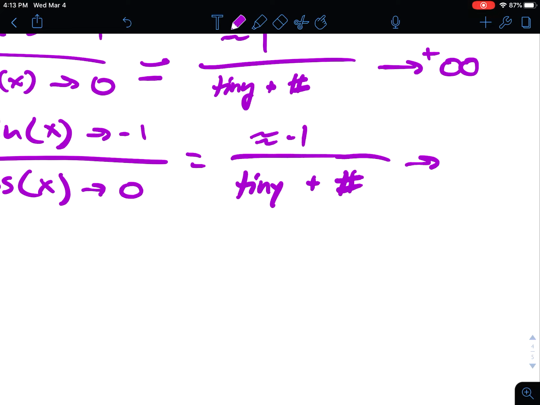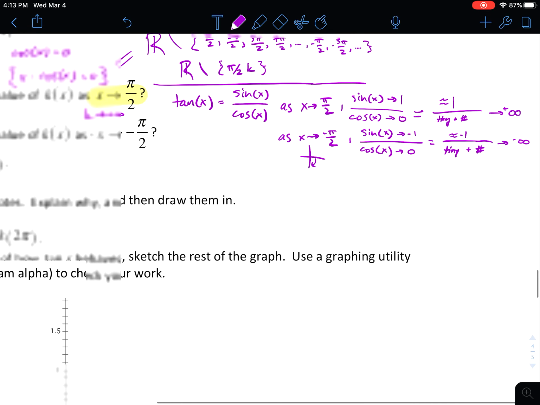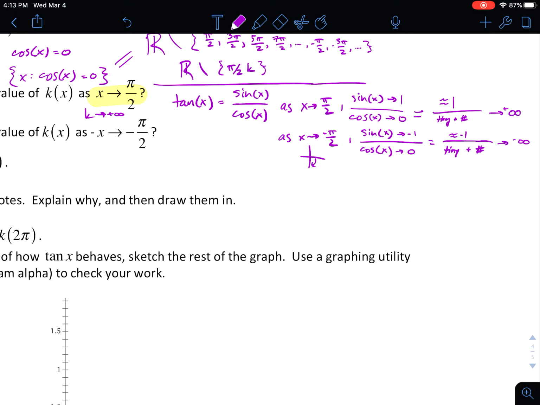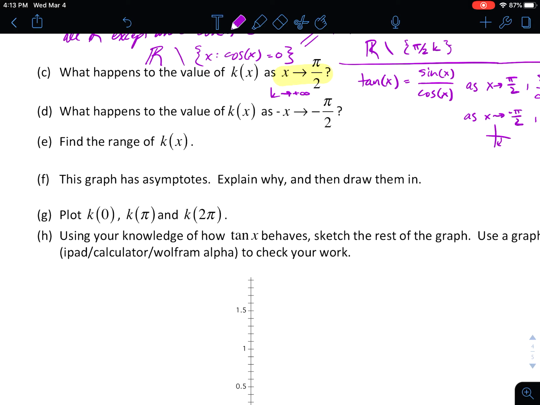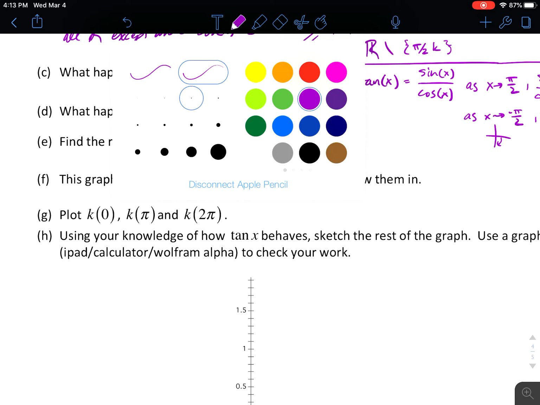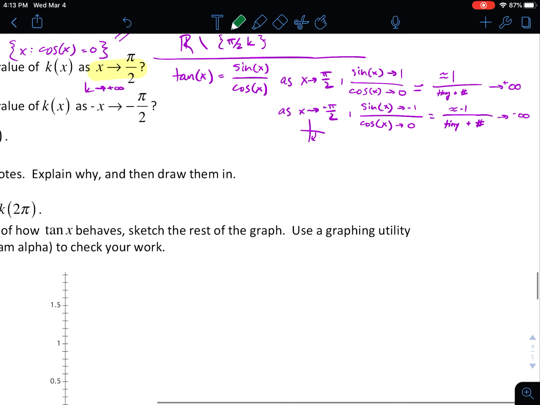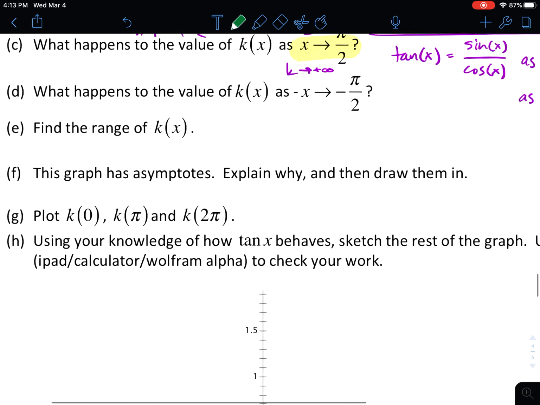So this time we'll be approaching negative infinity. That's pretty cool, huh? So what is the range of k of x? Well, we just decided that in these two cases, we approach positive and negative infinity.